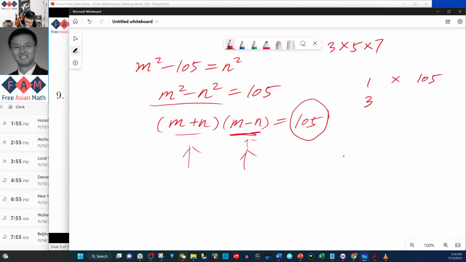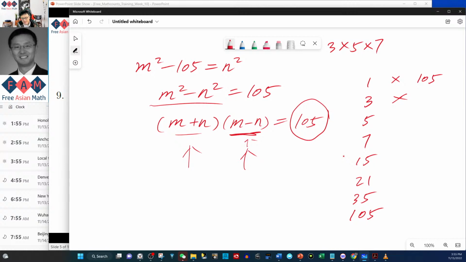We will write down the second one accordingly, but why don't we just list all the factors? You have 3, you have 5, you have 7, but you also have 3 times 5, that's 15. 3 times 7, that's 21, and 5 times 7, that's 35, and finally, you have all the 3 multiplied together, that's 105.